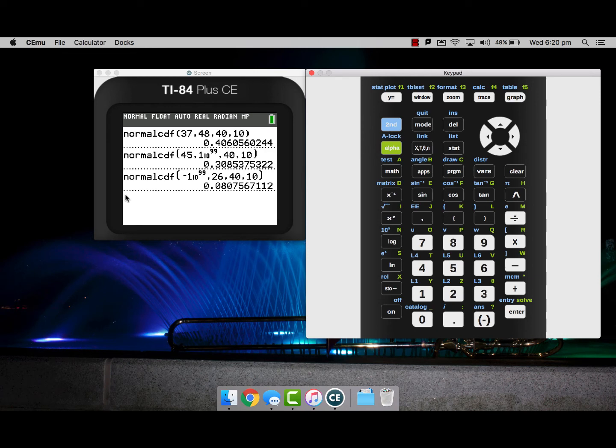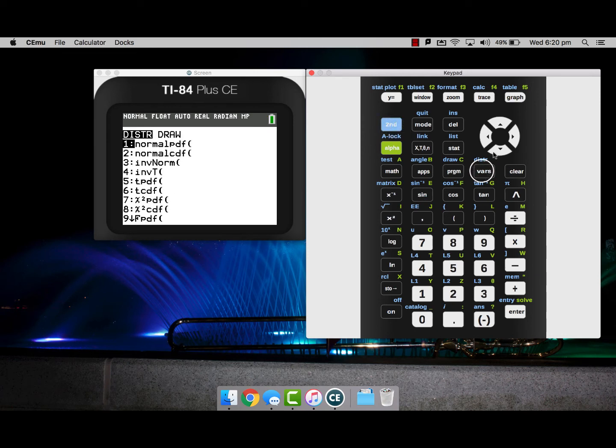So again, we're going to use normal CDF. So second, dist, normal CDF. We're going to put in our lower bound, which in this case was negative 0.41, and our upper was 0.67.